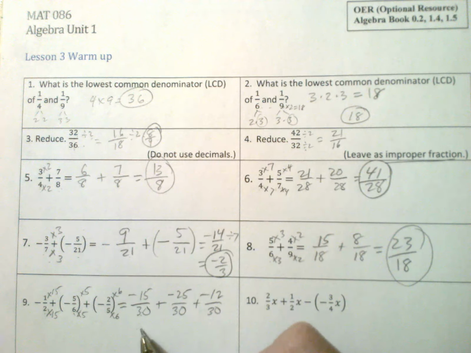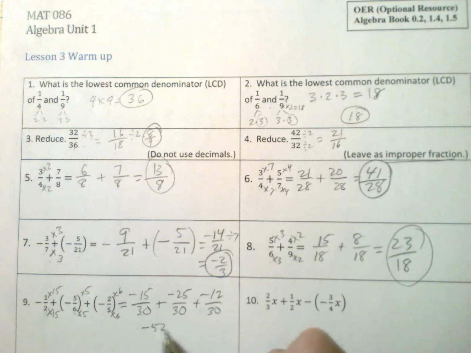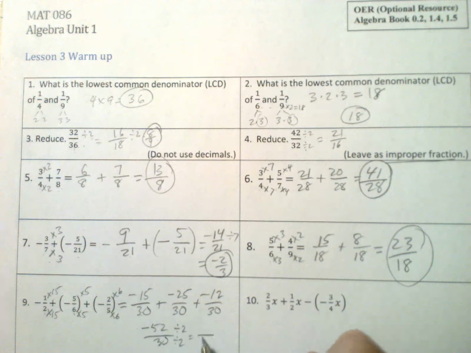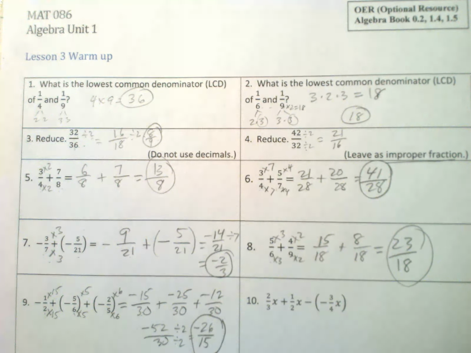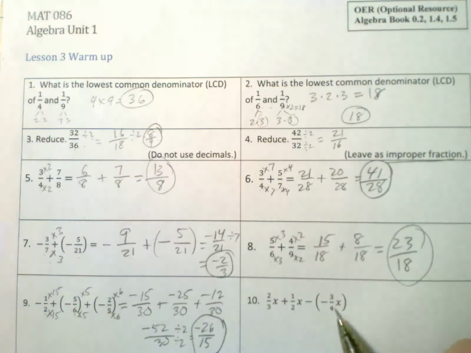So all those negatives added together, 52 over 30, which is even. 52 divided by 2 is 26. Negative 26/15.